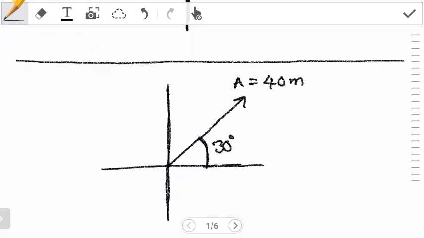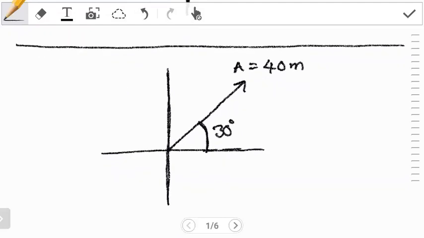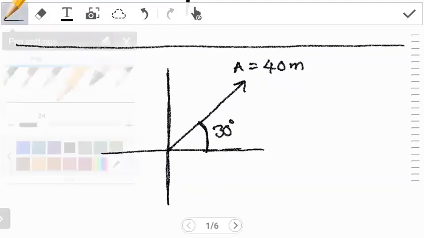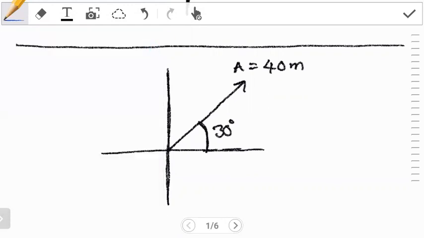Now, how do we get the components that make up this vector? Well, when we say components here, all we're saying is the parts which make this vector. Think about them in terms of steps. You can say you take a number of steps along the x-axis, and then after that, you take a number of steps along the y-axis or vertically upwards.